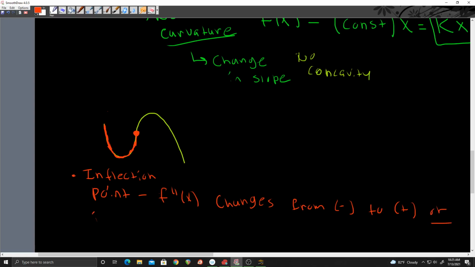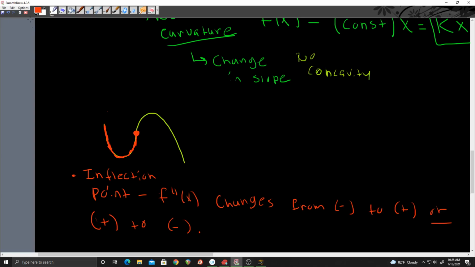We also have an inflection point if our second derivative changes from positive to negative. So anytime we go from opening up to down or down to up, we call that an inflection point.